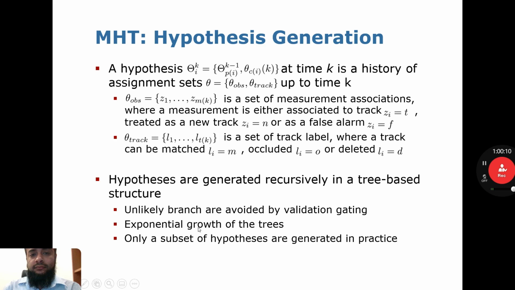And exponential growth of the tree: each branch can generate another branch of the tree, and that branch can create another branch. So like a tree in the garden, you can see a very large tree, and every tree has a different route or path, and only a subset of hypotheses are generated in practice.